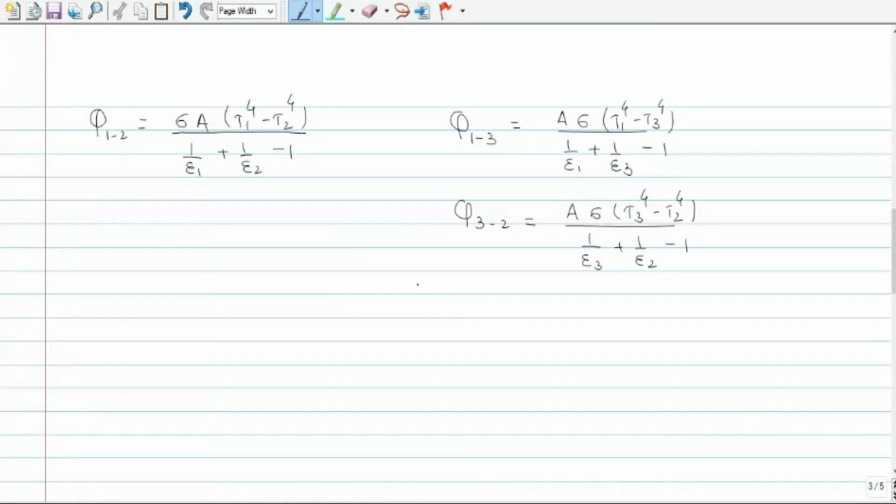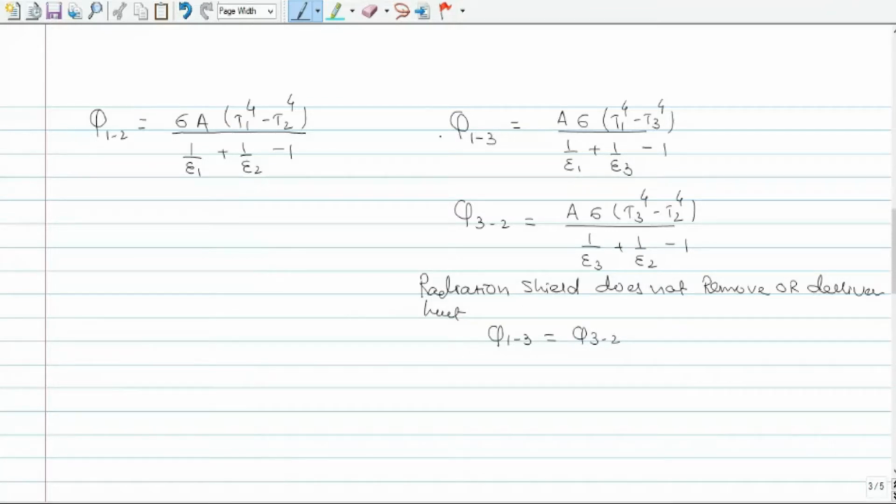The radiation shield does not take or remove any kind of heat from the system, and it does not deliver heat, and that's why the steady state condition is there, and that's why we can write that Q1 to 3 equals Q3 to 2.